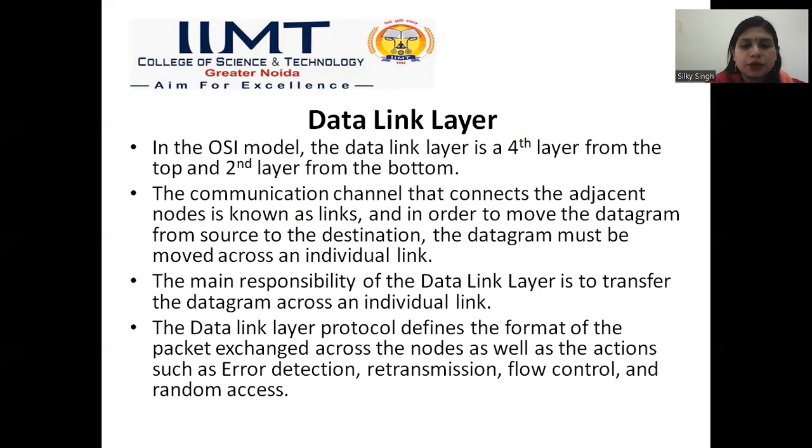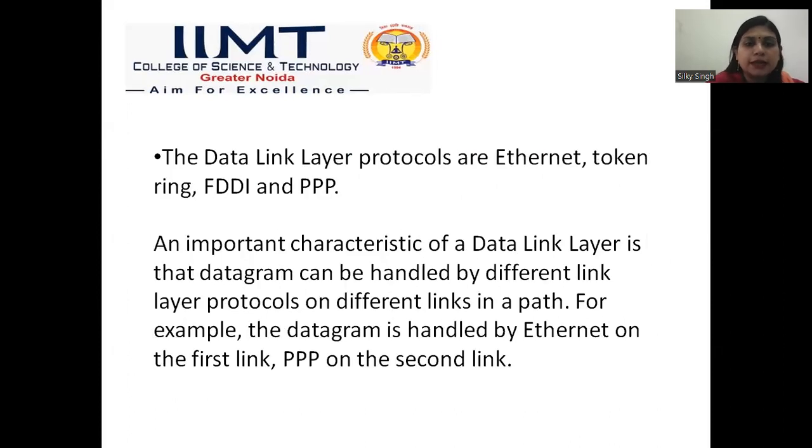Data link layer protocols define the format of packets exchanged across the nodes as well as actions such as error detection, retransmission, flow control, and random access. The data link layer protocols are Ethernet, Token Ring, and FDDI, that is Fiber Distributed Data Interface.